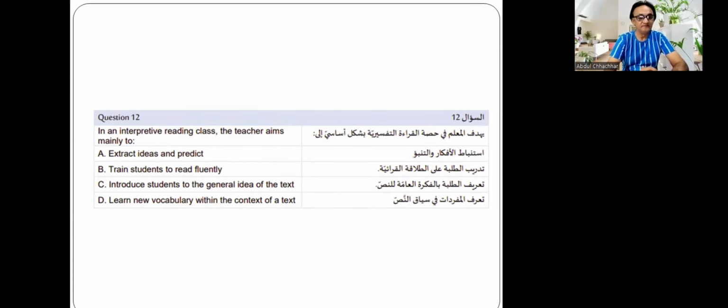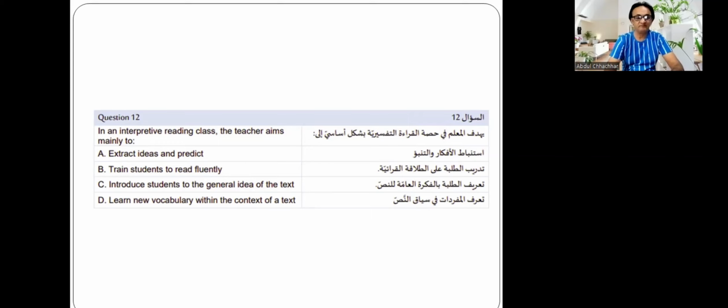Let's talk about an interpretive reading class. The teacher aims mainly to... when you assign a reading task, what do you think the main idea of it is? Option A: to train for reading, introduce students to the general idea of the text. Option B: learn new vocabulary within the text, of course not.